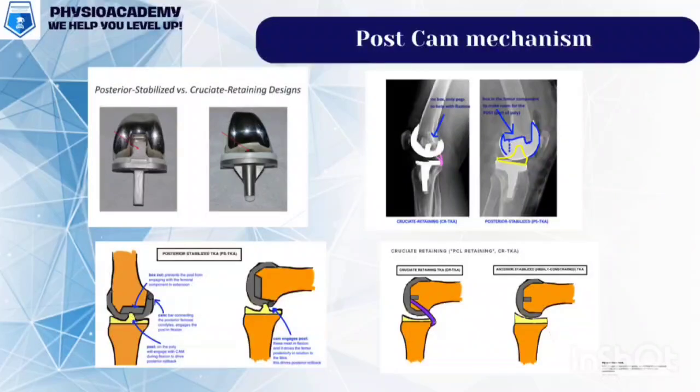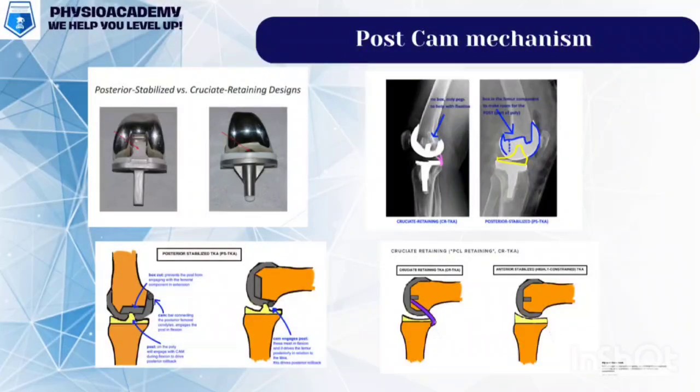Whereas in the PCL retaining design, as you can see on the right hand side, the purple line, which is the PCL, is attached to the gray elevation on the femoral component. The femoral component will have some elevation to which the PCL will be attached, and stabilization is provided.